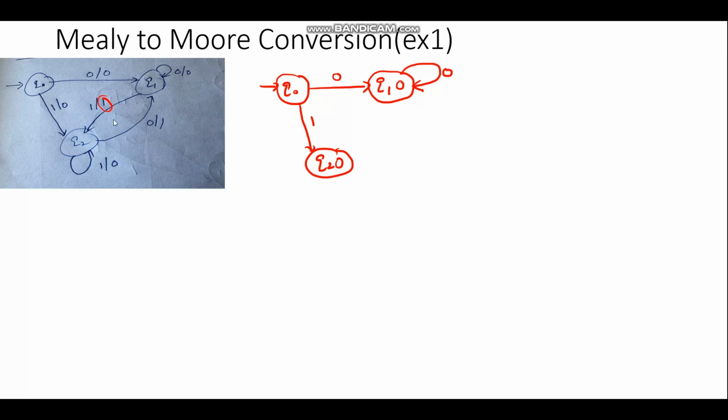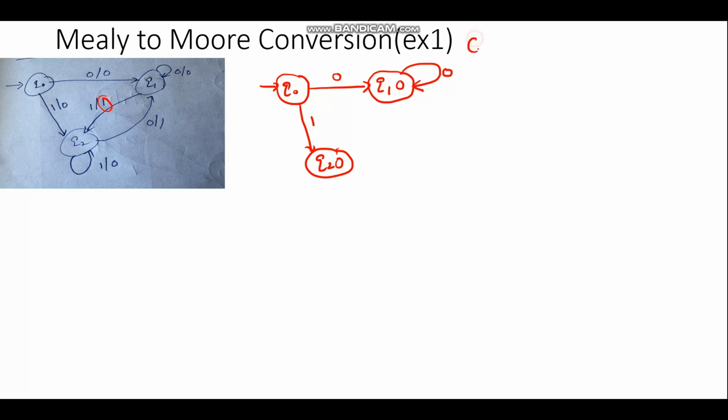Now with 1, it is going to Q2 with output 1, which means it is Q2 1. But we already have a state Q2 0. So we can't draw an edge to Q2 with output 1 because the state is Q2 0. In this case, we call it a conflicting state.